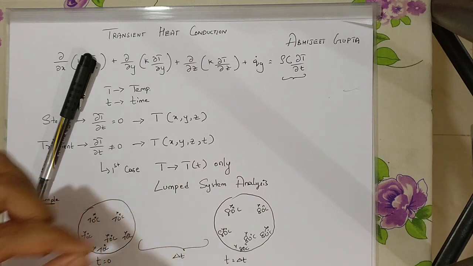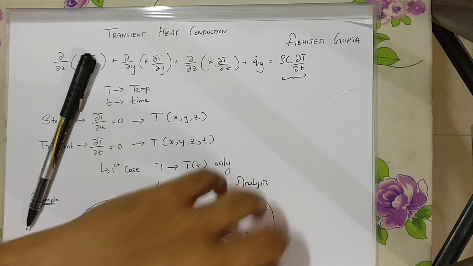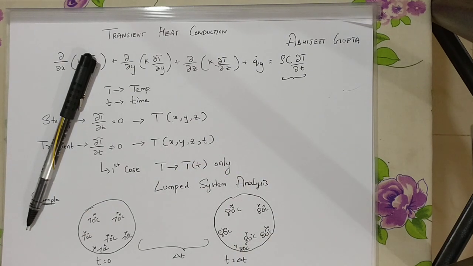That means all the coordinates, the interior temperature of this ball, are now at 80 degrees centigrade. Again, the temperature is not changing with x, y, and z. That means the interior temperatures of the ball remain uniform at all times during this heat transfer process. The temperature is only changing with time, and that is the reason we call this lump.